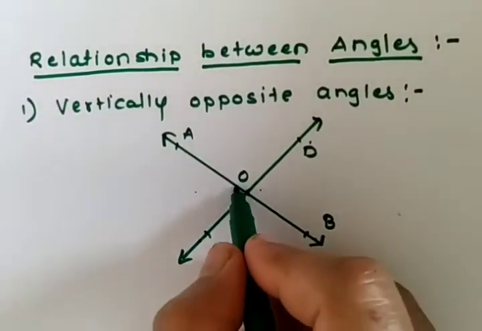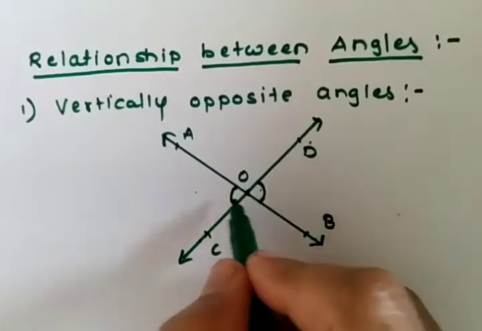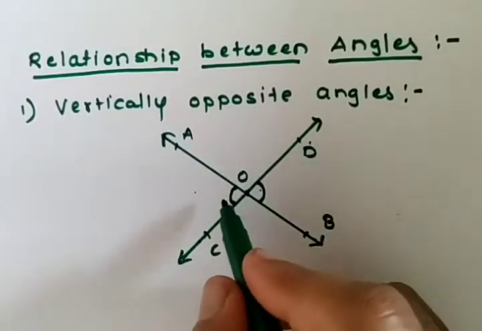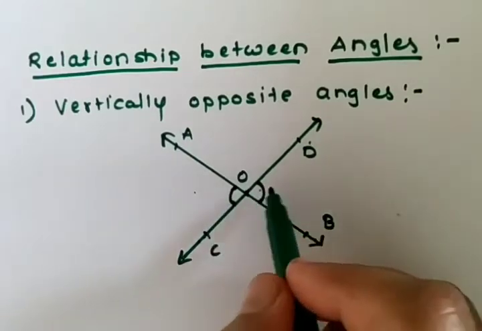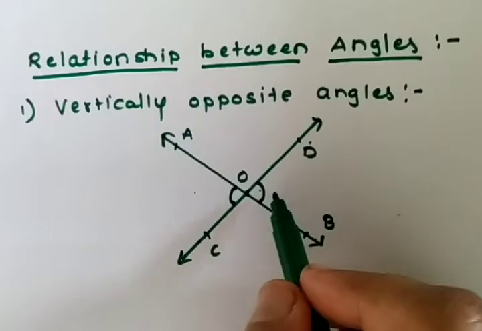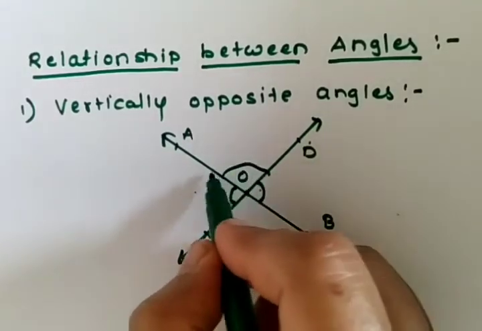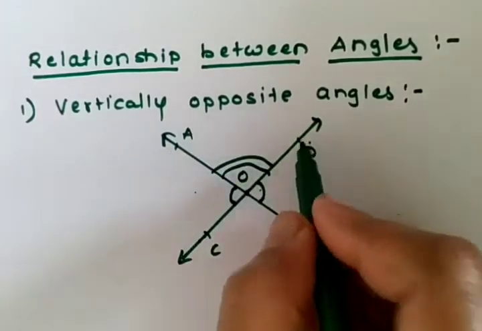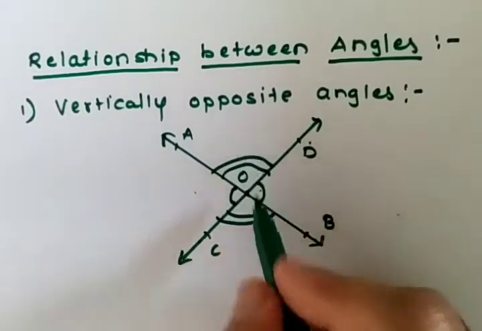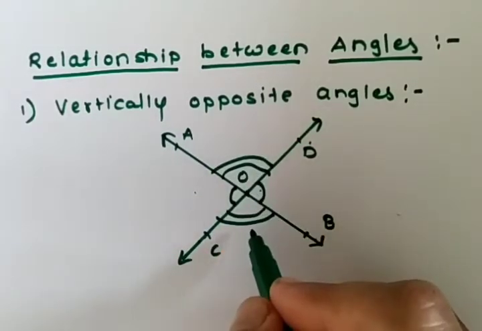Yes, if I am talking about these two angles, angle AOC and angle BOD, if you measure the angles, the measurement of these two angles must be same. Similarly, angle AOD and angle BOC, again the measurement of these two angles will also be same.